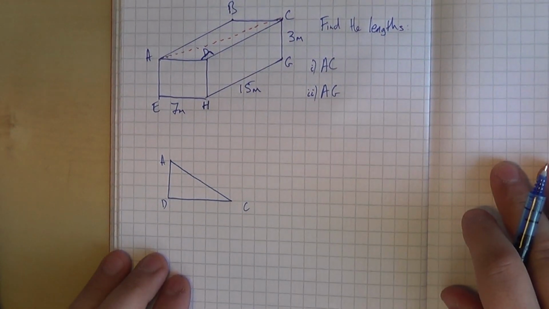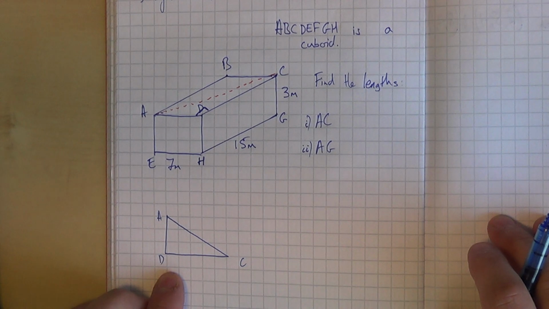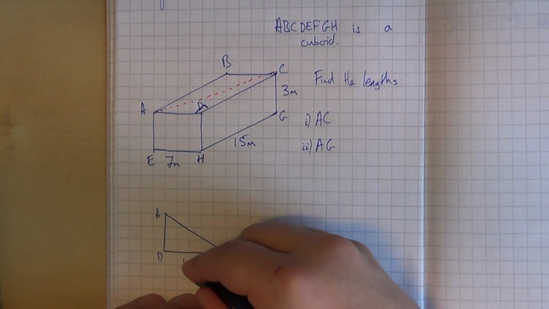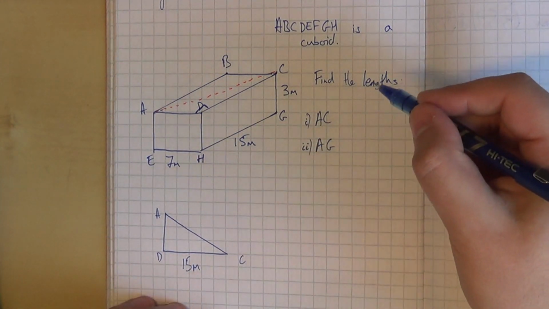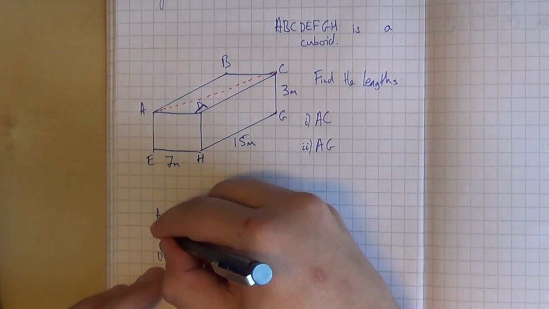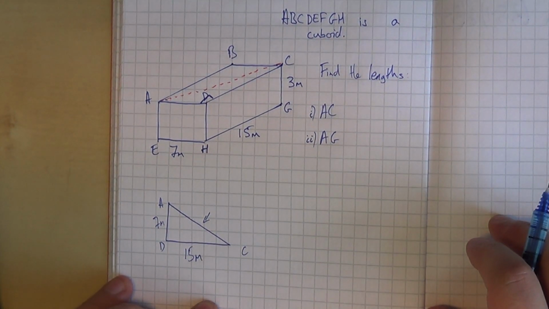Okay, ADC. Now we have some of these lengths given to us. We already know how far apart D and C are because that's the 15 meters there. We also already know how far apart A and D are because that's the width across here, that's 7 meters. So in fact we're just finding a hypotenuse using everyday normal Pythagoras.